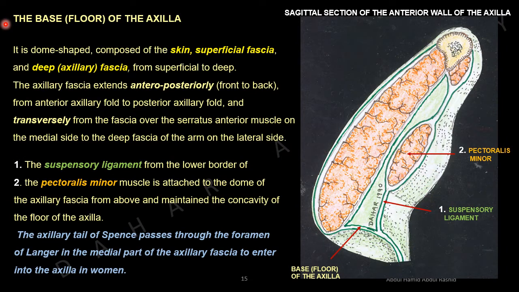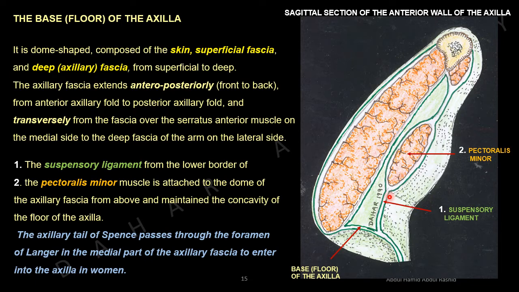The base or floor of the axilla. This is the sagittal section of the anterior wall of the axilla. The base or floor of the axilla is dome shaped, composed of skin, superficial fascia, and deep fascia, which is the axillary fascia, from superficial, that is below, to deep, above.